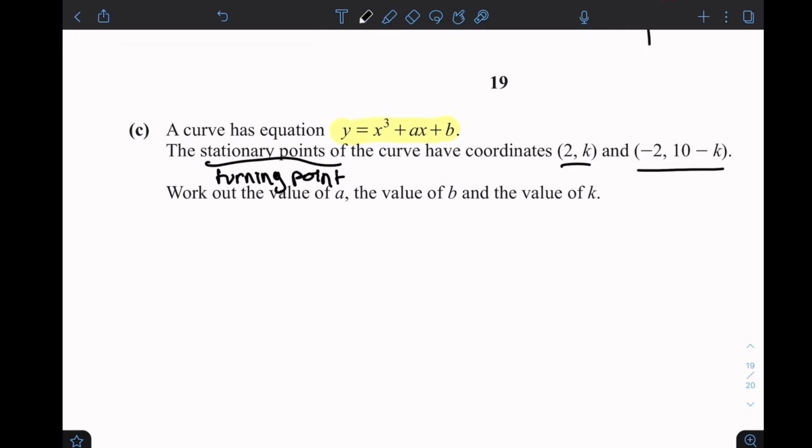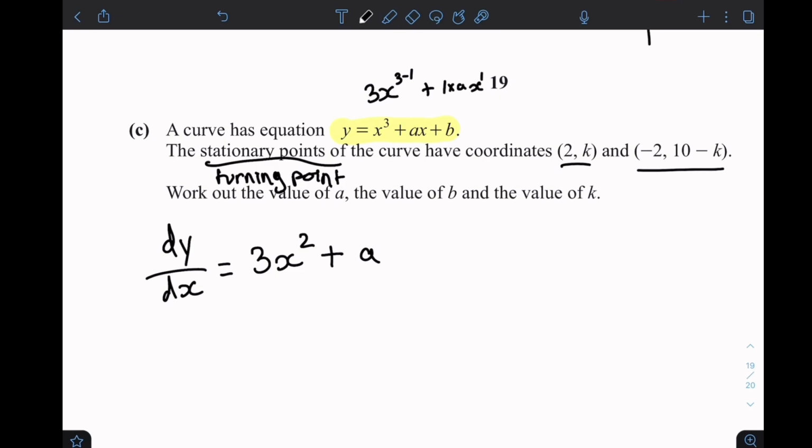So the differentiation, dy upon dx, is 3x squared plus a, because 3x to the power 3 minus 1, plus 1 into a, x to the power 1 minus 1, and b gets cancelled because it's a constant.